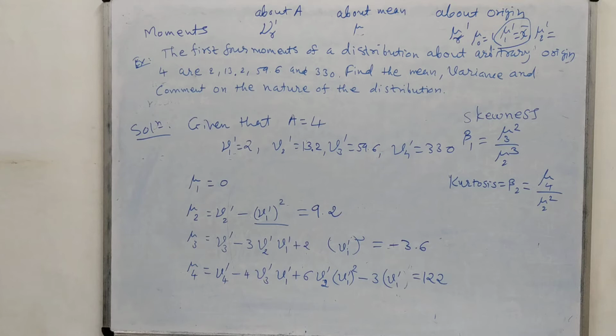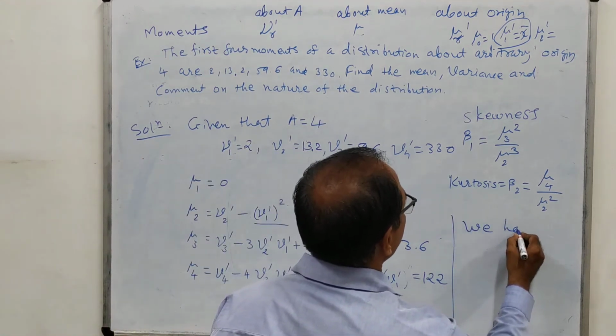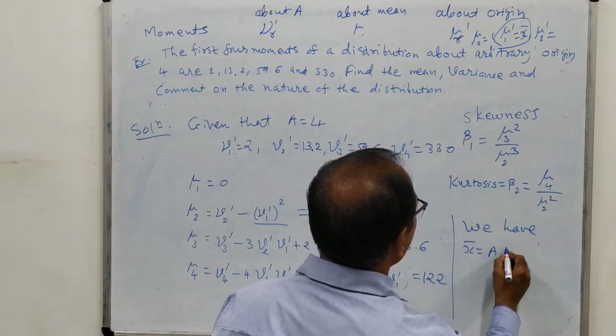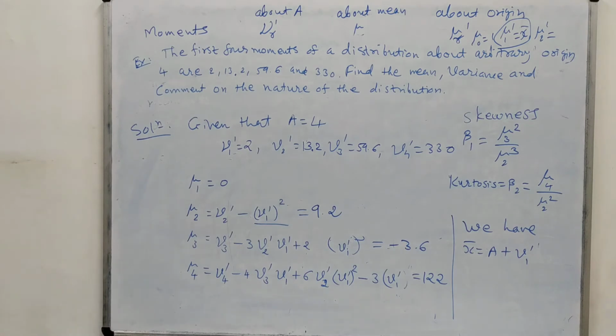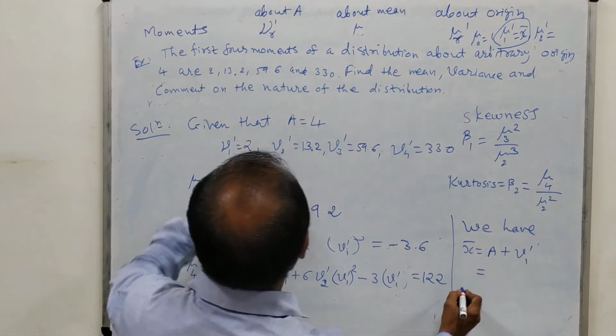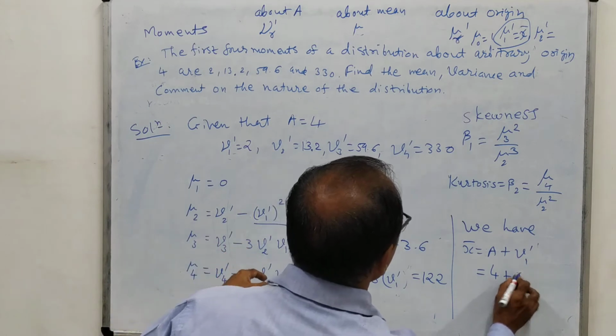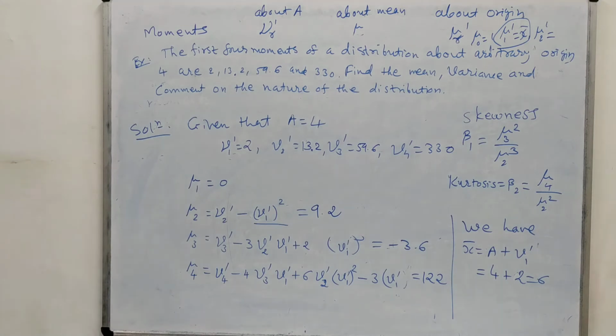We have also seen the relation for the mean: x bar equal to a plus mu1 dash. This formula was written in the last lecture. Here a is 4 and mu1 dash is 2, so it is 6. This is x bar, the required mean of the problem.